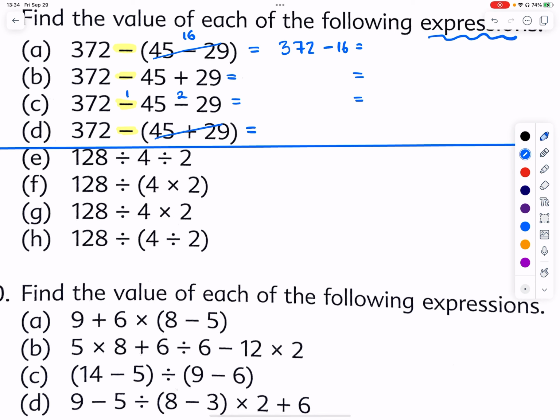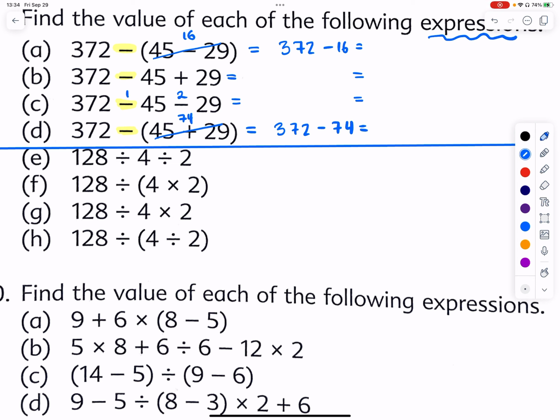And I'm going to help you out here. 45 and 29, we compute that first. 45 plus 30 would be 75, but 45 plus 29 is 74. So here we're looking for 372 minus 74. I will let you pause this video and compute all 4 answers.